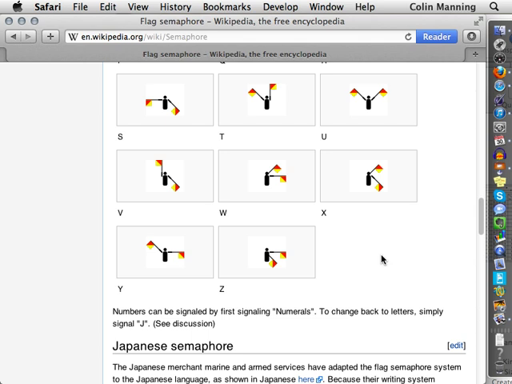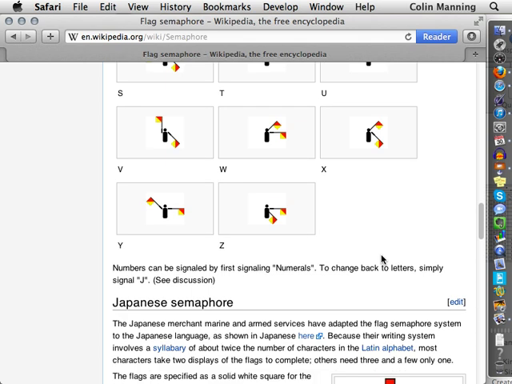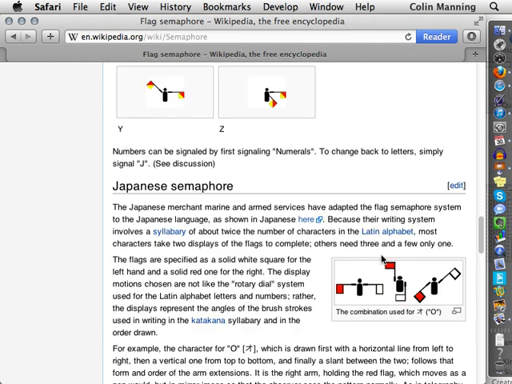easy to see. Oh, the Japanese have something different. Of course it's not a huge shock that the Japanese would have something different, since their writing system is so fundamentally different from English. They might have a completely different way of thinking about it.